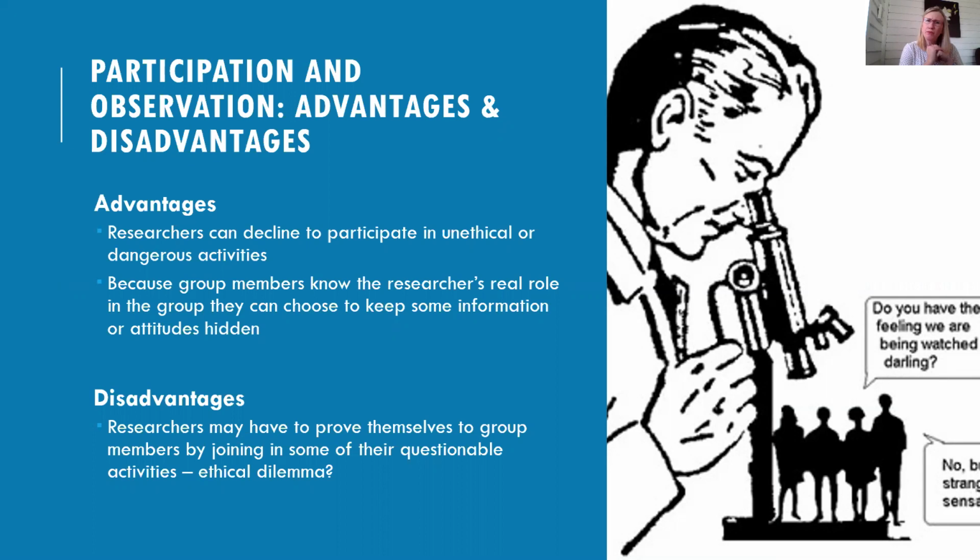But because group members know that researchers are in the group, they can choose to keep some information hidden. So you might not get all of the information you're going for if it's known that you're there collecting data. Now, one disadvantage is researchers may have to prove themselves to a group by joining some of their questionable activities.